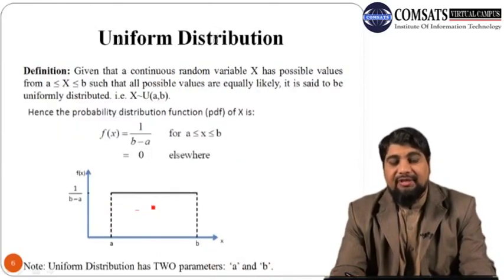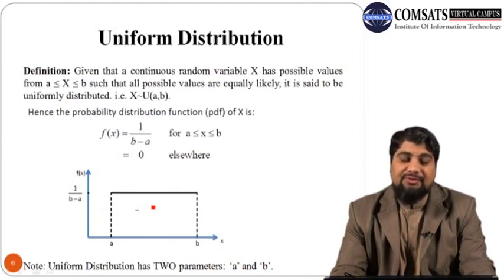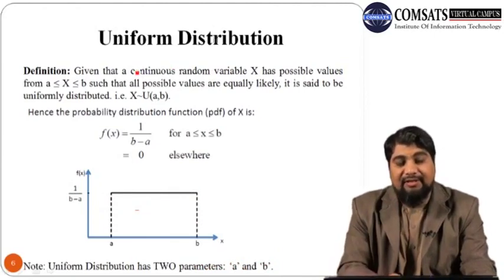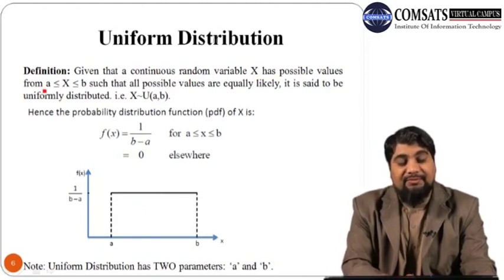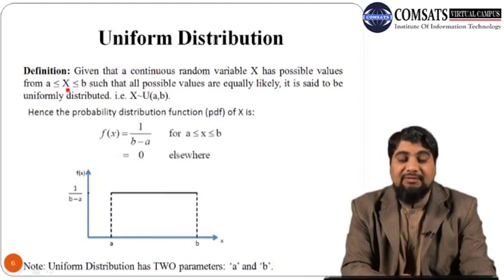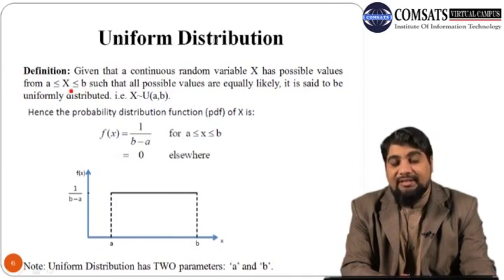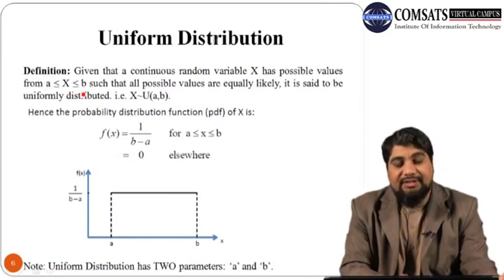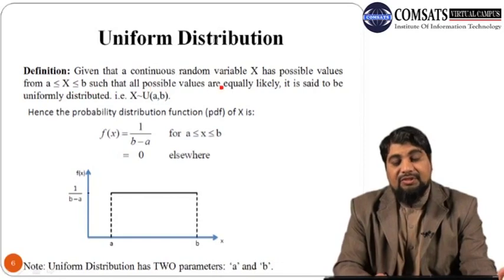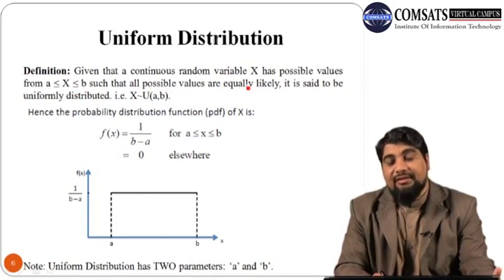So let us formally define the uniform distribution. Given that a continuous random variable x has possible values from a to b, so a is less than or equal to x, and x is less than or equal to b, it means this random variable x is taking all possible values from a to b, where a and b are any constants, such that all possible values are equally likely.